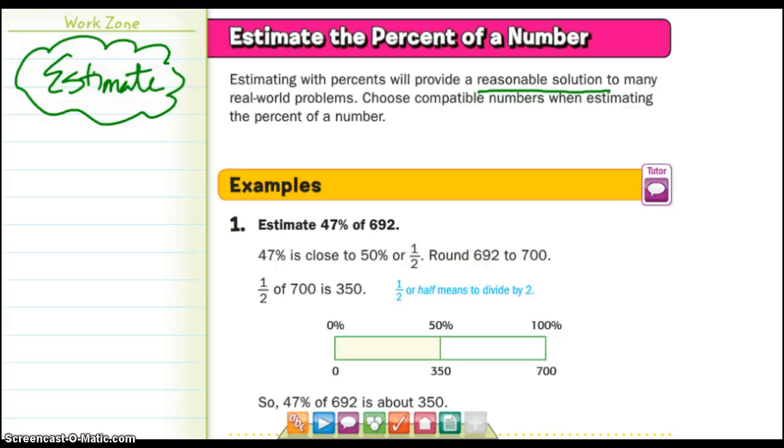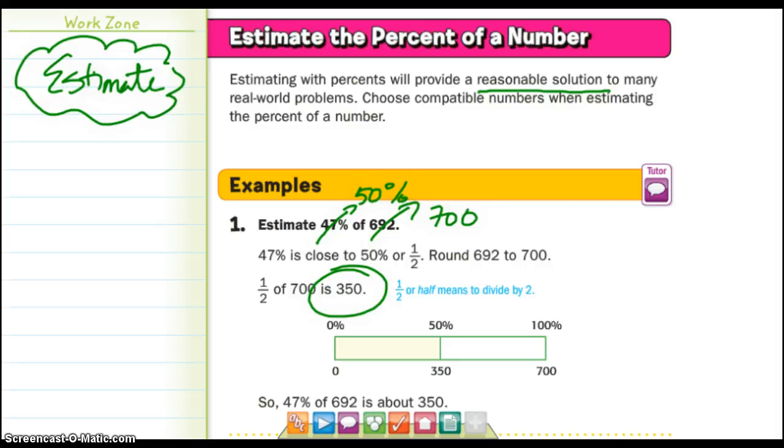So the first thing that we're going to do is round the 692 to 700. We want whole numbers. The whole point of estimation is that you can do it in your head. We're going to round 47% to 50%. That means we're going to cut 700 in half. If you think about $7, each person gets half, that would be $3.50. So we know that $3.50 is half of 700.